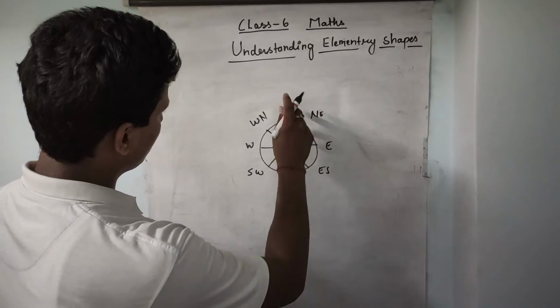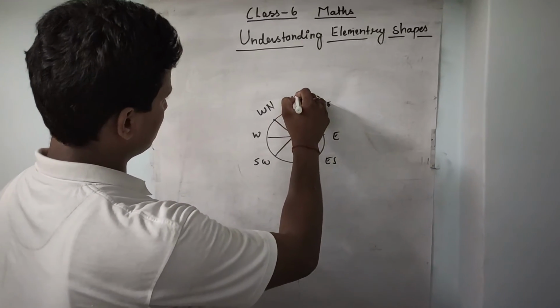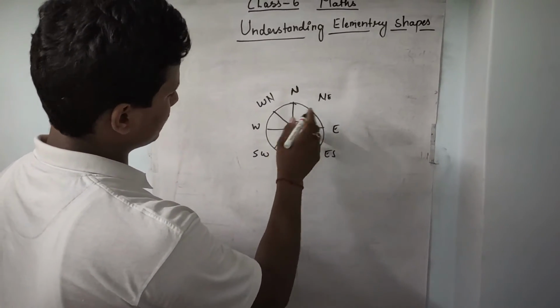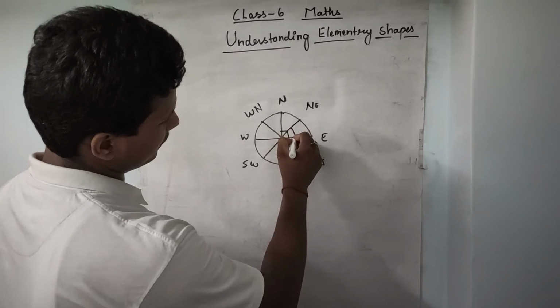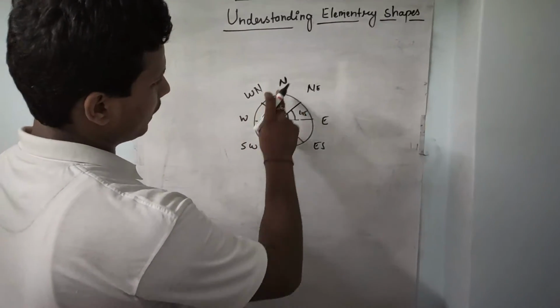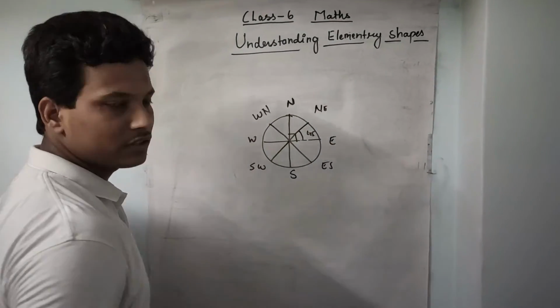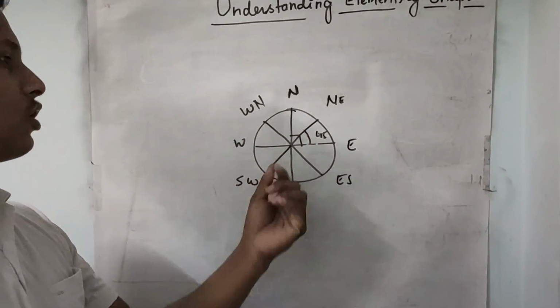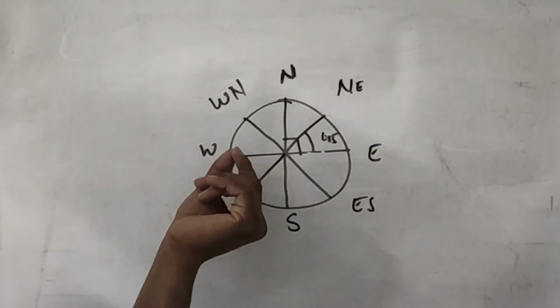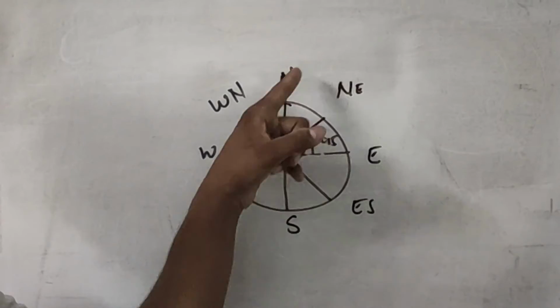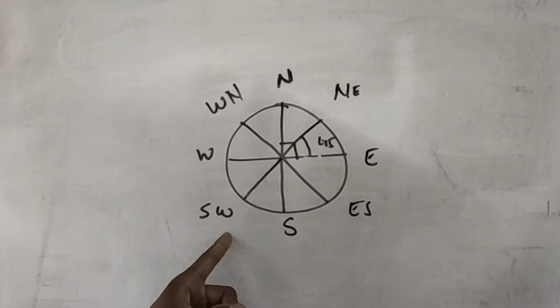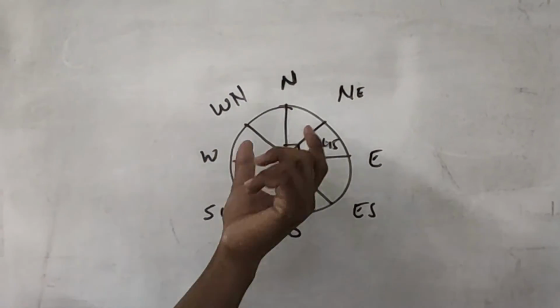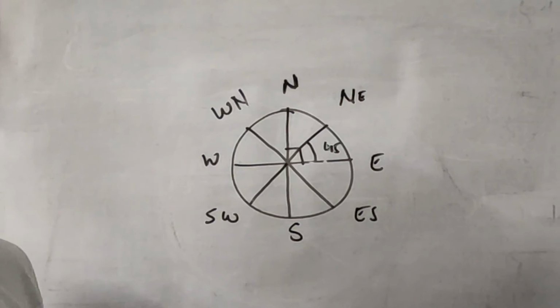Each main direction has a 90 degree angle between them, and in between them it is 45 degrees. Between north and east it is 90 degrees, because the circle is divided into 4 equal quadrants. If each quadrant is divided into 2 parts, we get northeast, southeast, southwest and northwest, and it is a 45 degree angle.